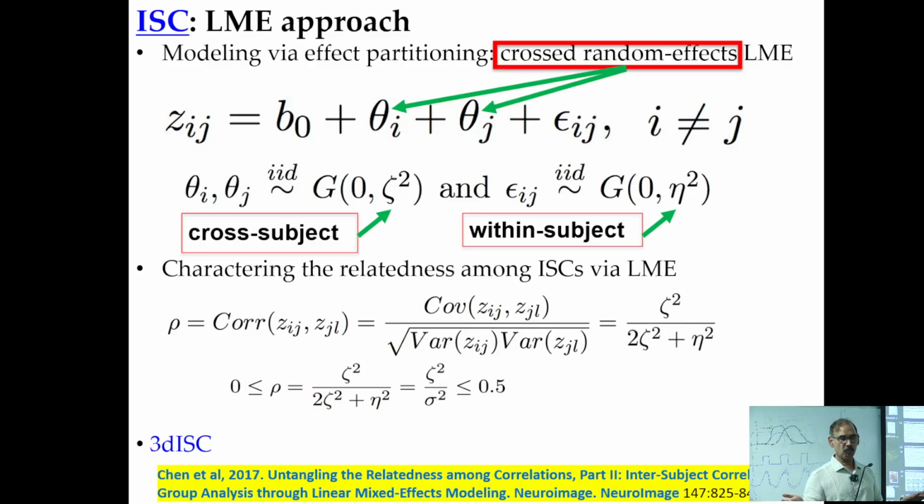Did the person move their head? Did the person fall asleep? Could something have happened? However, having said that, just because the subject you have scanned has too much activity or too little activity compared to others doesn't mean you should simply exclude it, right? You should find a reason. If you cannot find a reason, then you should not, right?